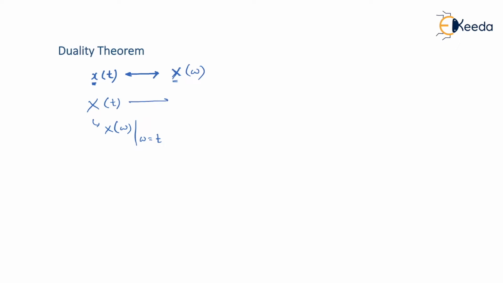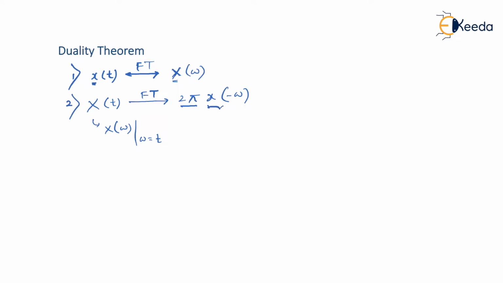For which if I want to get a Fourier transform, it is simply 2 pi x of minus omega. So I repeat, if x of t has a Fourier transform X of omega, then capital X of t means it is actually X of omega, where omega is replaced with t. Then naturally it has become a time function. In that case, if I want to get a Fourier transform, it is simply 2 pi x of minus omega.